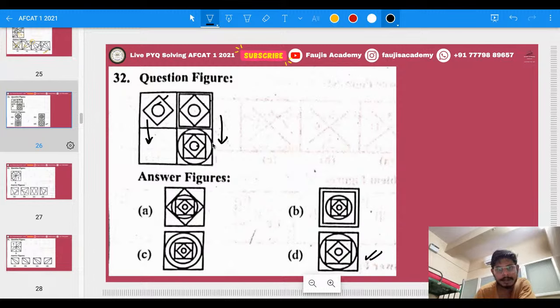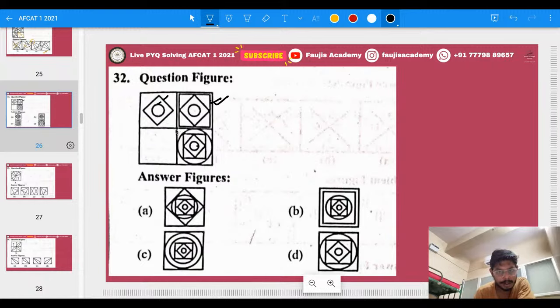The whole figure is enclosed into a circle, isn't it? So similarly, the whole figure will get enclosed into a circle again. Will it not get enclosed into a circle again? So the outer one is a square, right?